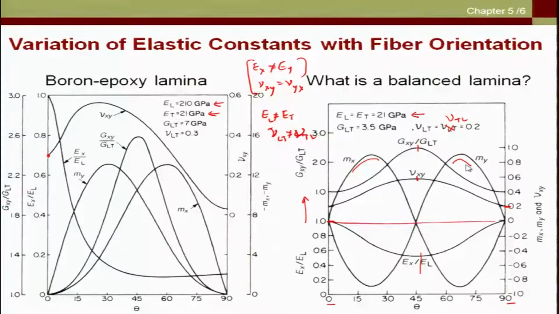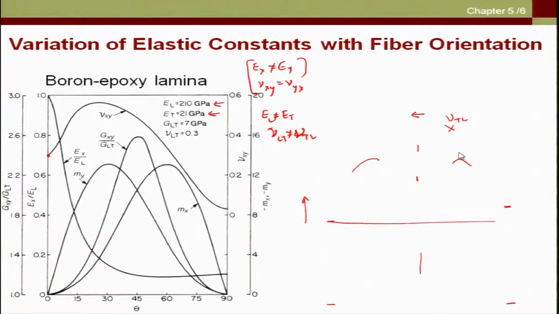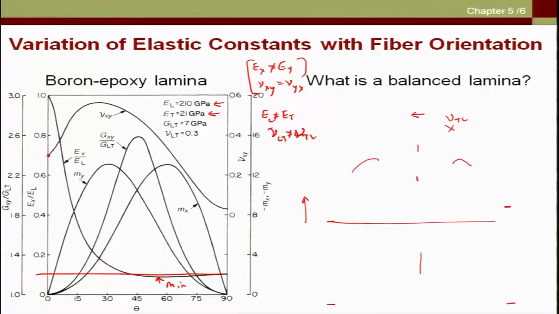So, before we do that, I would like to show you once again that for boron epoxy lamina, we have seen that the minima of Ex is not Et, unlike for graphite epoxy and for glass epoxy.